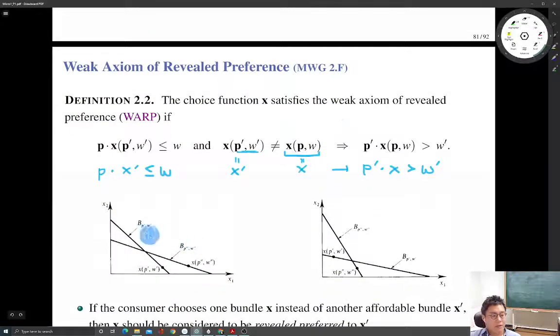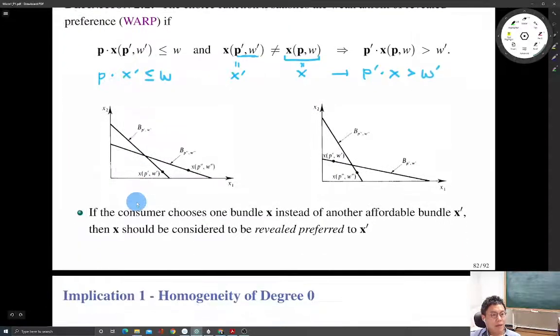Okay, in the following sense, I think the basic idea of this WARP will be clear after looking at these two examples. In this example, we have just two commodities. Let me put the demand for good 1 on the horizontal axis and demand for good 2 on the vertical axis.